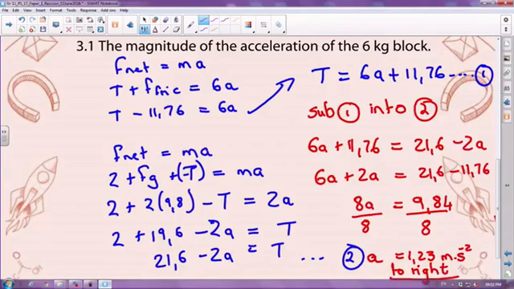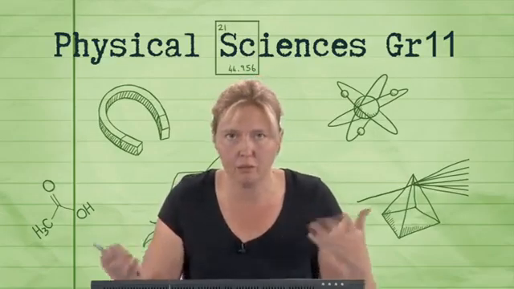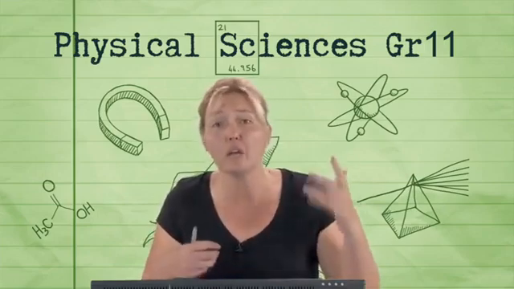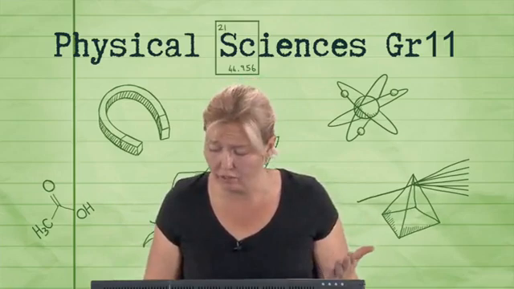I wanted you to have a look at that because you will see that the simultaneous equation calculation comes up quite often. Now the next question would be calculate t. Find out what the value of t is. You can choose either equation 1 or equation 2, and use that value.